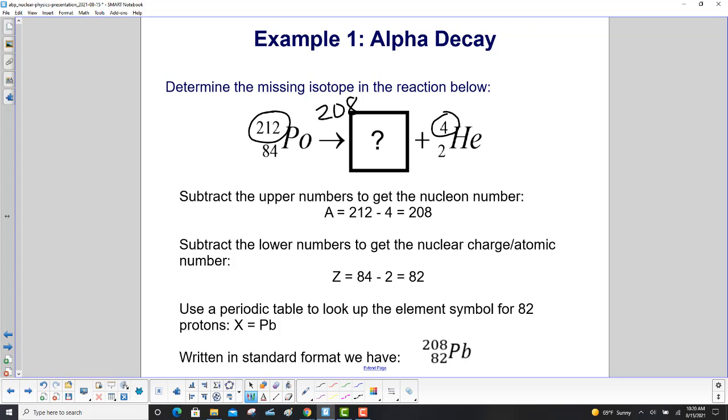Subtract the lower numbers to get the nuclear charge or atomic number. So it's 84 minus 2 is 82. So our element is 208 and 82. Use a periodic table to look up the element symbol for 82 protons. And you'll find, hopefully, that that's lead. So in standard format, we have lead-208 right there with 82 as the atomic number in the lower left corner.